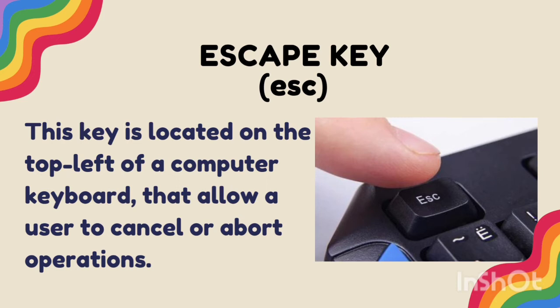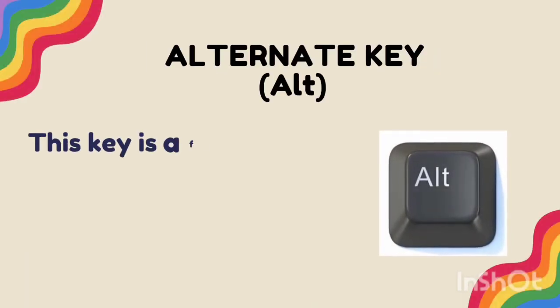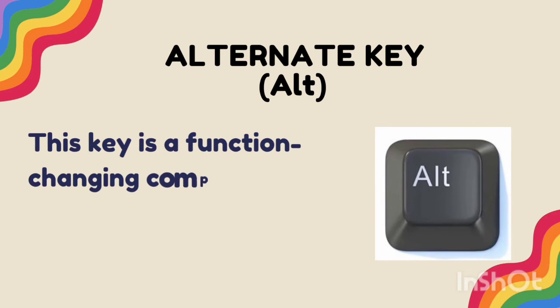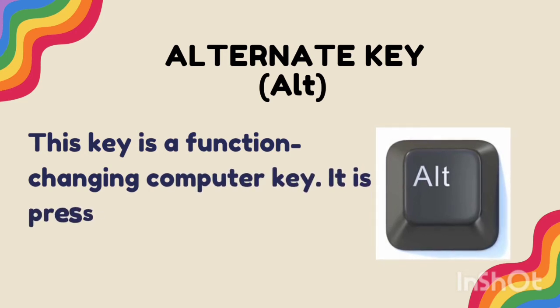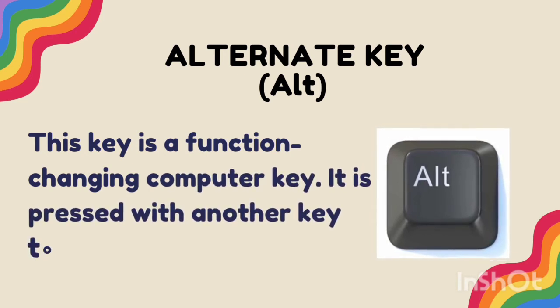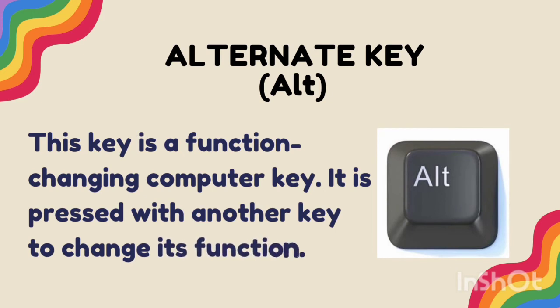Simple as that. All right, we'll go to the next, which is the alternate key. If you check your keyboard at the last row, the bottom, you see the alternate key and it's abbreviated as ALT. Now, this key is a function changing computer key.